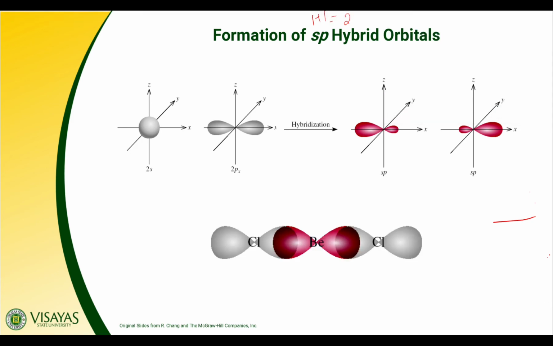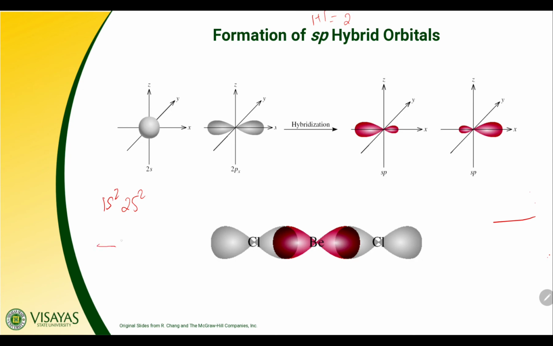An example is beryllium fluoride. The configuration for beryllium is 1s2, 2s2. Okay, we don't have a p for beryllium.